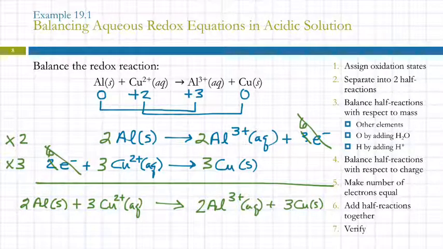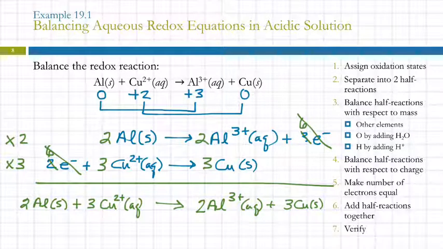And then you should double check and make sure that the charges on each side are equal. So here I've got a total of 3 times 2, a positive 6 charge, because this is 0. And over here 2 times 3, positive 6 charge and 0. So the charge doesn't change from reactants to products. It's the same, the overall charge. Electrons have moved from one substance to another, but we haven't created or destroyed electrons, because that's not possible.